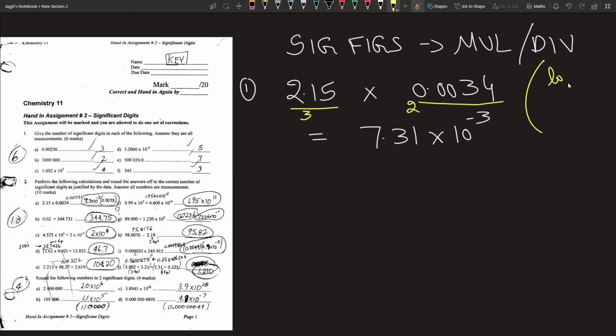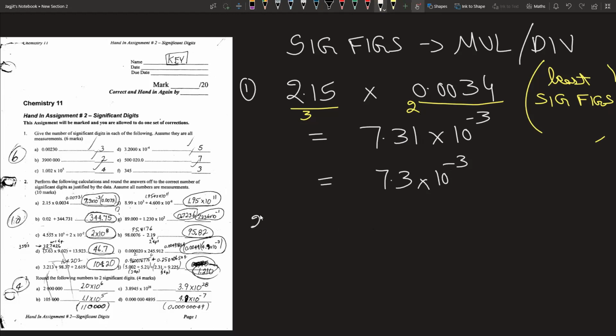So you would want to use the least sig figs of all the numbers involved in the example. You see, 2 is the least number of sig figs. That means your final answer should only have 2 sig figs. So instead of 7.31, you would rewrite this as 7.3 times 10 to the power minus 3.